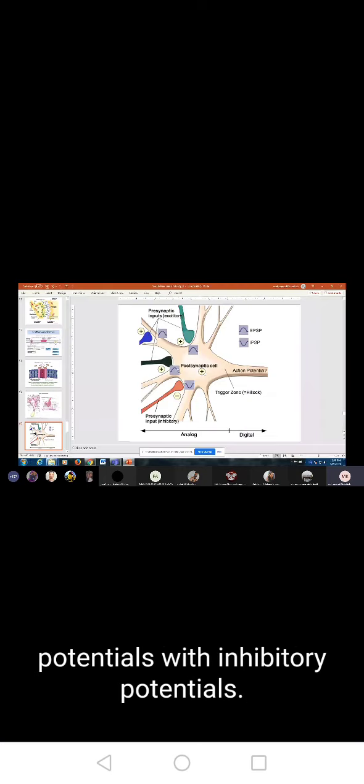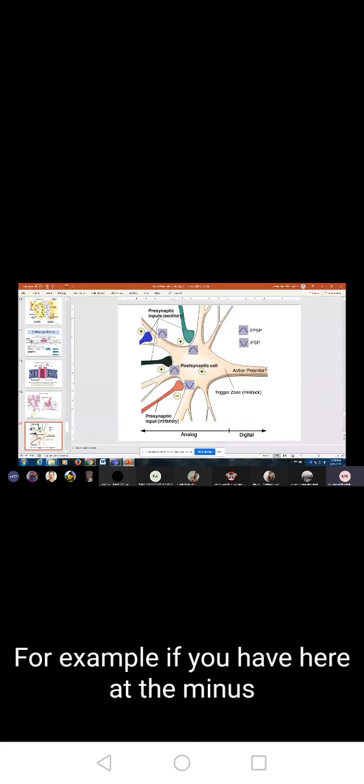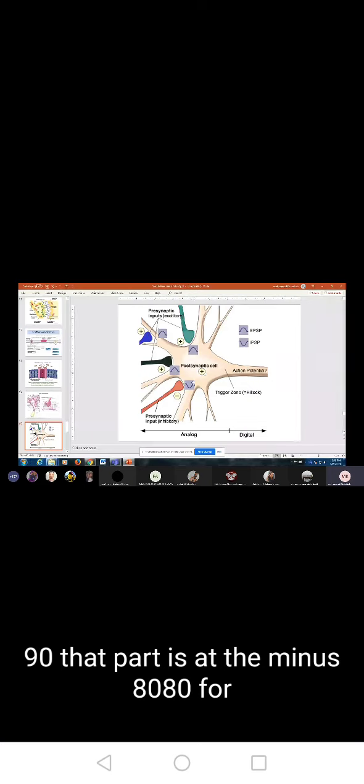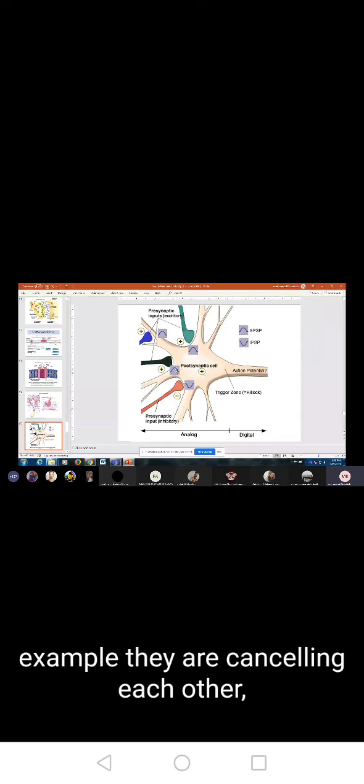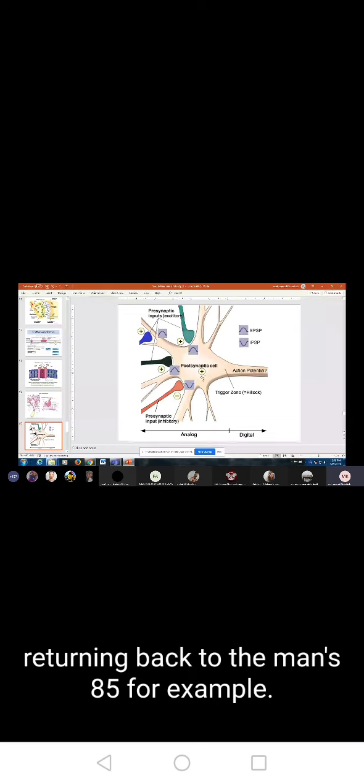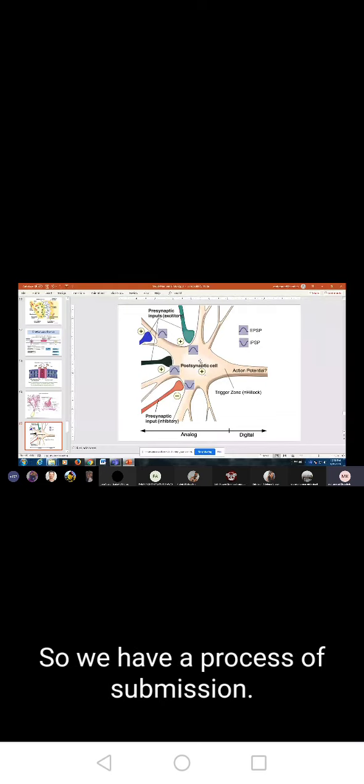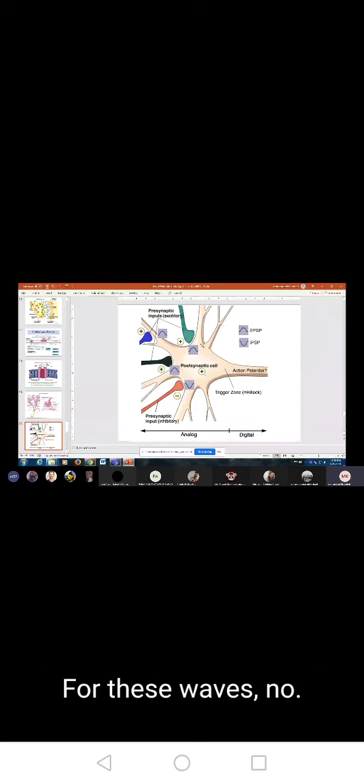You are also summing excitatory potentials with inhibitory potentials. For example, if you have here minus 90 and that part is at minus 80, they are canceling each other, returning back to minus 85, for example, and so on. So we have a process of summation for these waves.